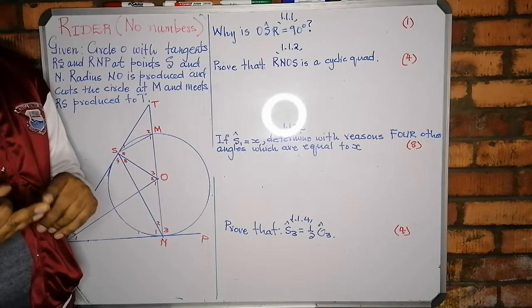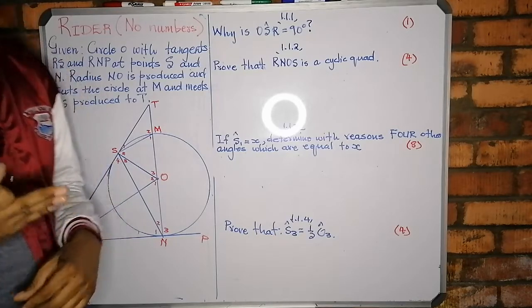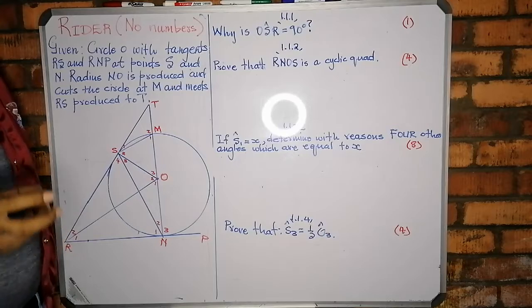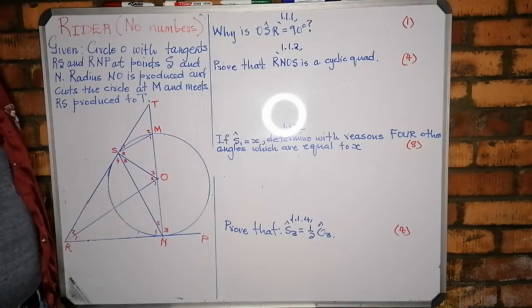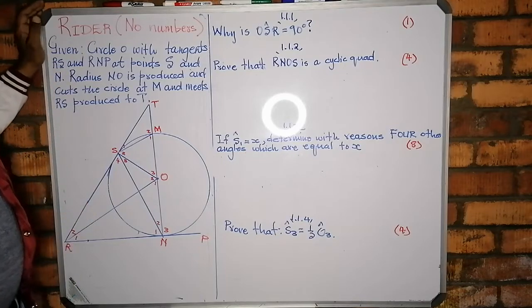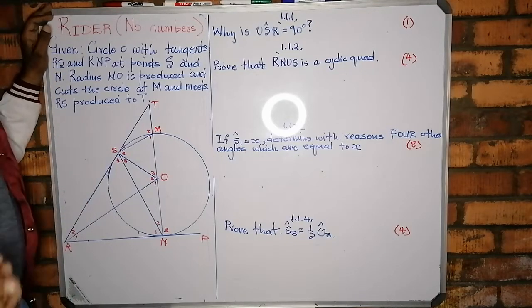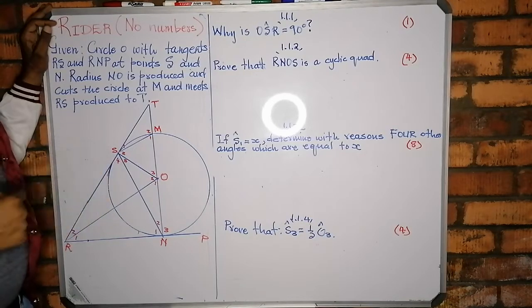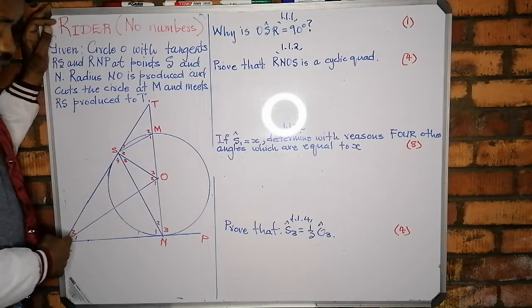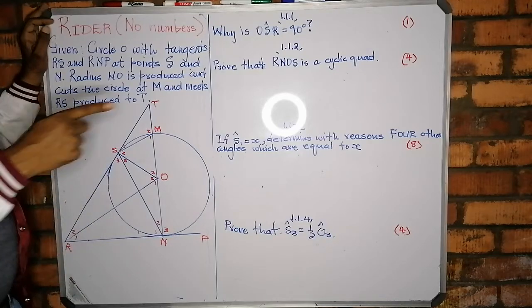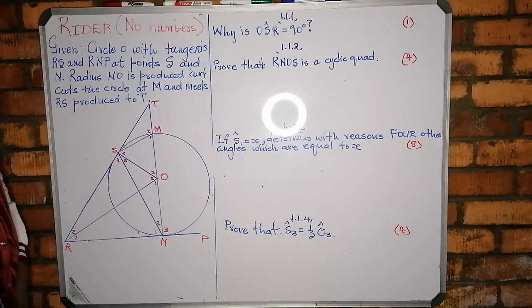The last one, make it a point that you can recognize those theorems from any given diagram. By recognition, I mean that in your statement, we are sometimes going to give you clues by giving you some of the names of the components which are stated in your theorems.